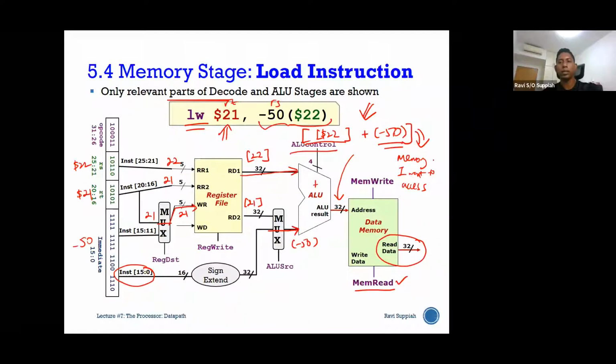This whole thing here is the memory read, and once I read, I want to take this data and write to a register. We will look at that in a while. But in the load word instruction, the address points to a memory, and from the memory I take the data and update a register. So there is a register write involved.